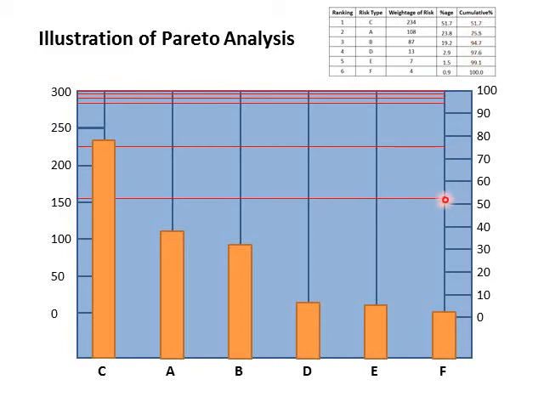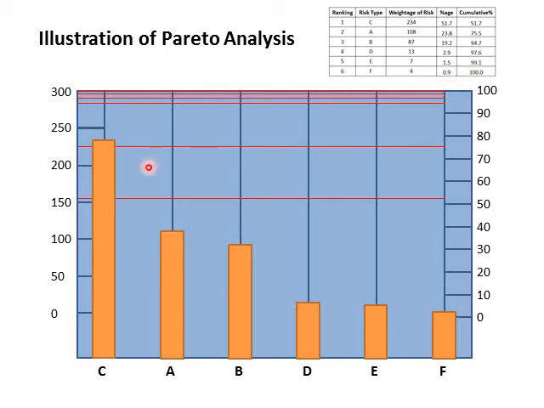So you have to draw a horizontal line at 51.7 parallel to the x-axis. Second line you have to draw at 75.5. Third line will be cumulative 94.7. Then comes 99.1, and the last one is 100.